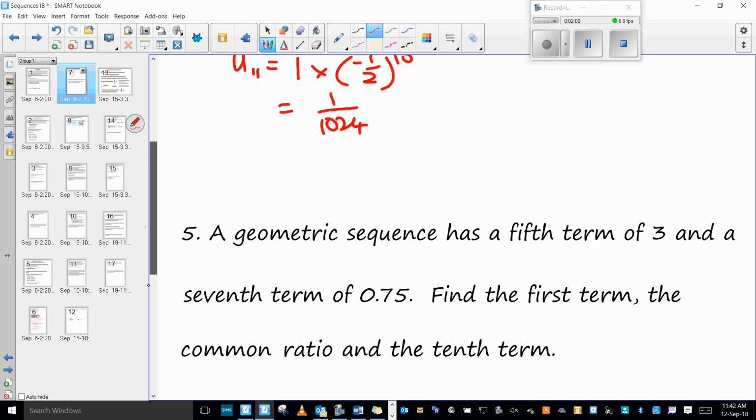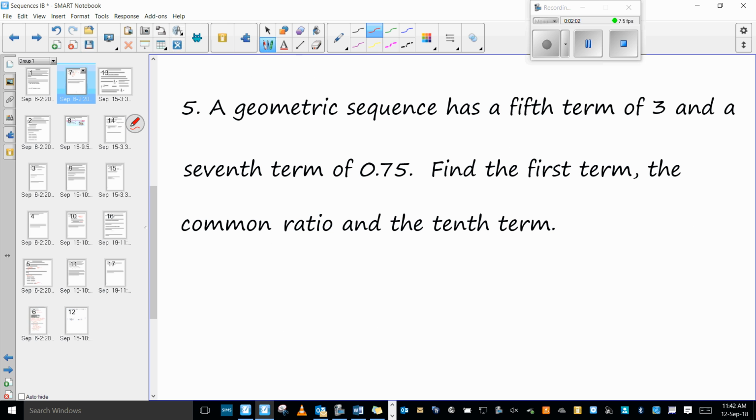Next question. A geometric sequence has a fifth term of 3 and a seventh term of 0.75. Find the first term, the common ratio and the 10th term. All right, so fifth term of 3. Similar to what we did with the arithmetic sequence, we know that U5 is 3.